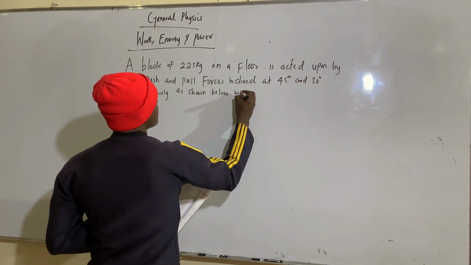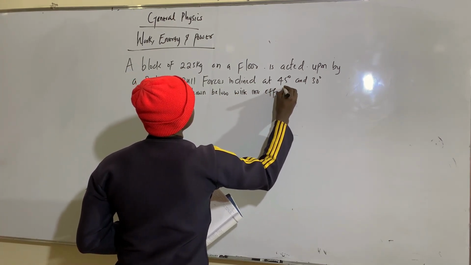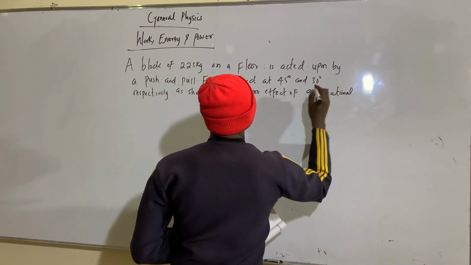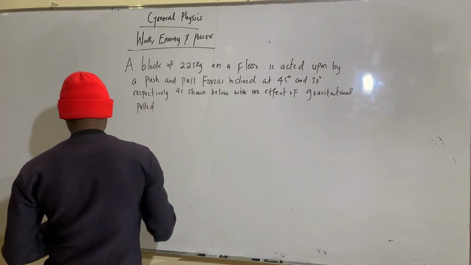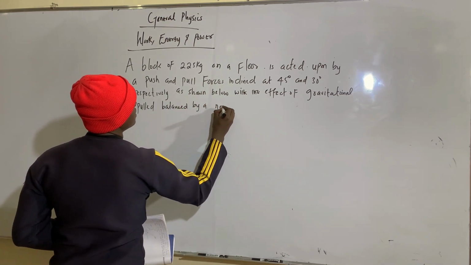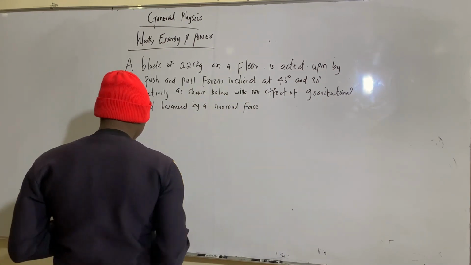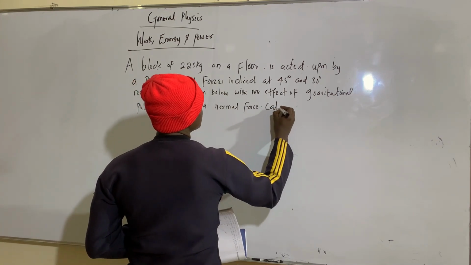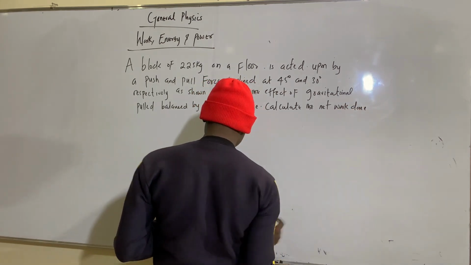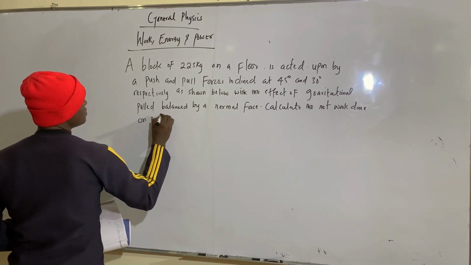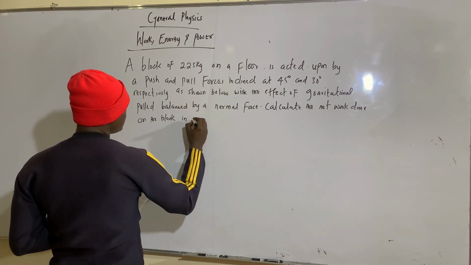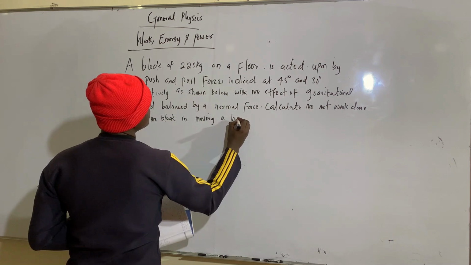with the effect of gravitational pull balanced by a normal force, calculate the net work done on the block in moving a horizontal distance.